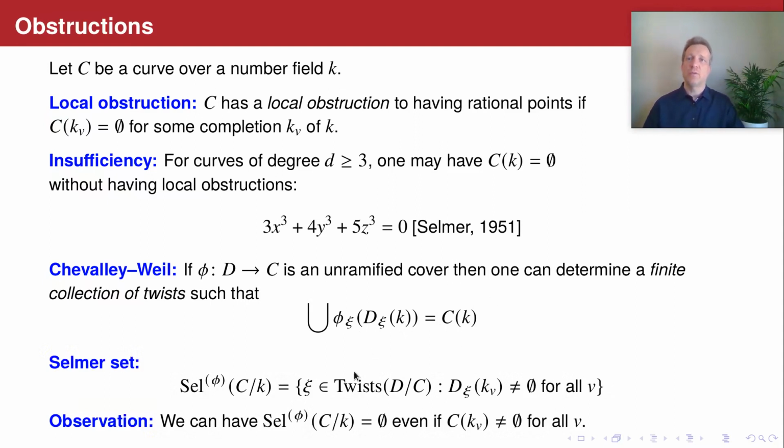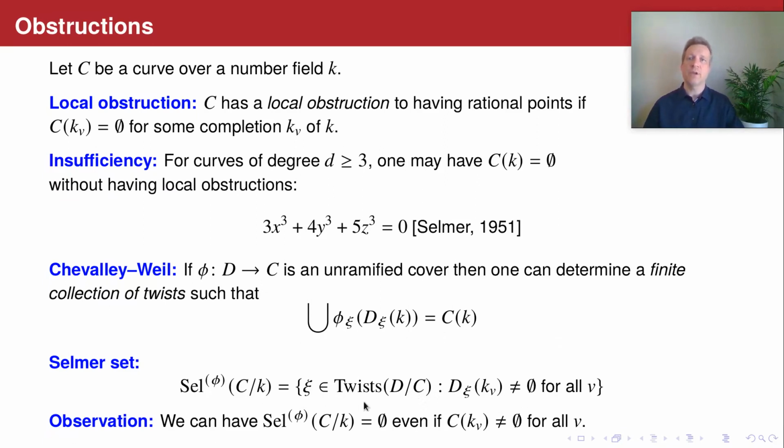This leads to the definition of the Selmer set, where we take the subset of covers that have points everywhere locally. If the Selmer set is empty, then none of the covers can have rational points, and hence, by Chevalley-Weil, there aren't any rational points on the curve either.